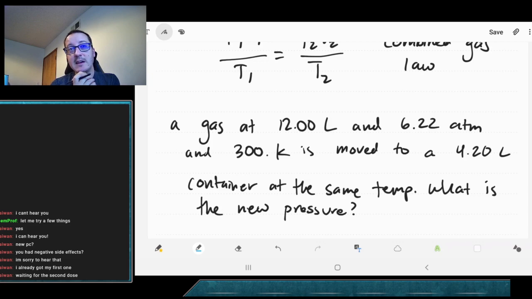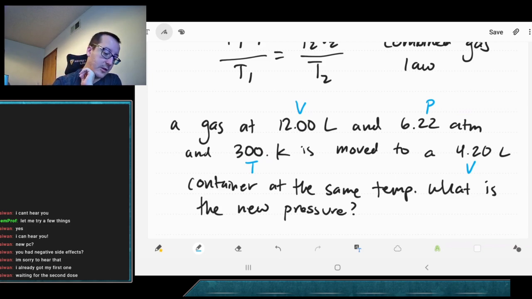So it looks like, of course, if we're given liters, that means it's some sort of volume. For atmospheres, it's some sort of pressure, and temperature, of course, would be Kelvin. And then another number we have is another volume. And so this kind of problem when we're dealing with multiple volumes or multiple pressures or whatever, it's important that we kind of keep track of what's what.